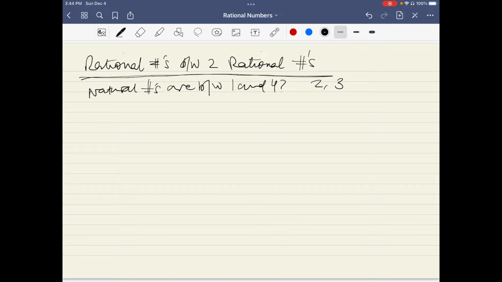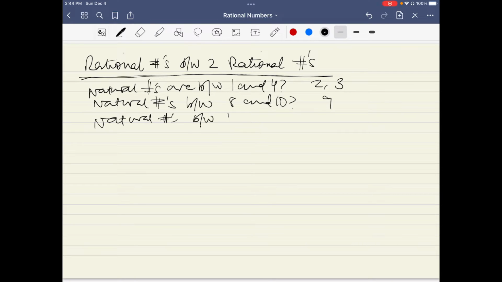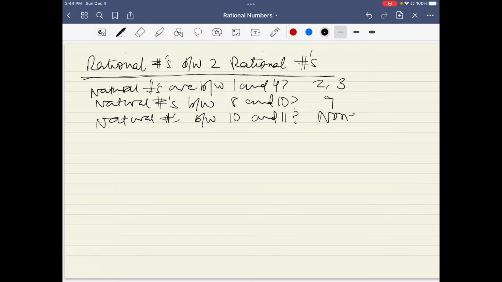And now, how many natural numbers are between 8 and 10? Just 9. And now, how many natural numbers between 10 and 11? None.